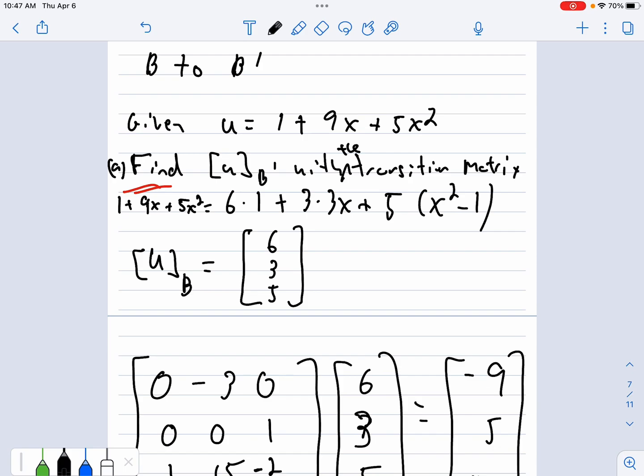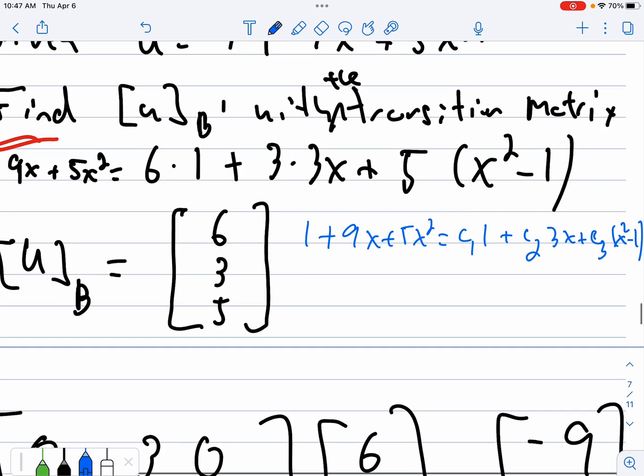You can do it a couple of ways: trial and error, or you can set up a system of equations. What I mean by trial and error is as follows. If I have 1 plus 9x plus 5x squared, how would I write this out as a combination of the basis vectors 1, 3x, and x squared minus 1?